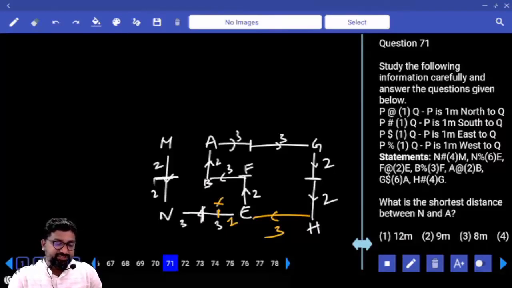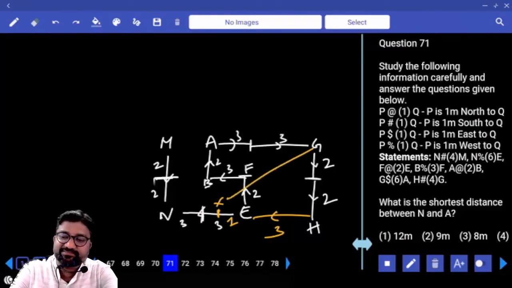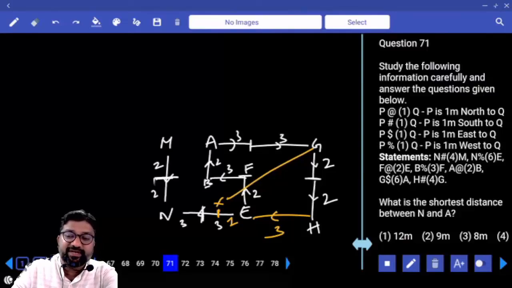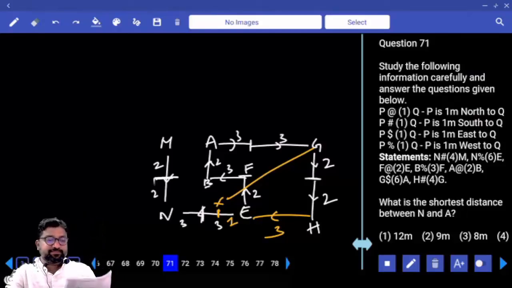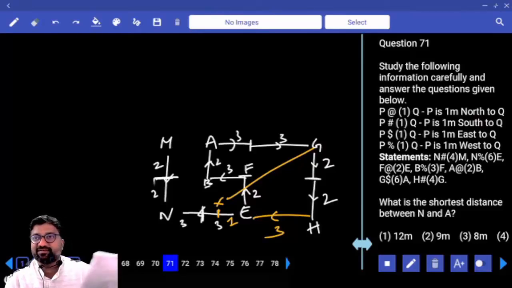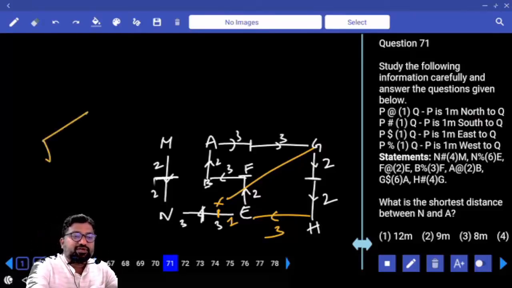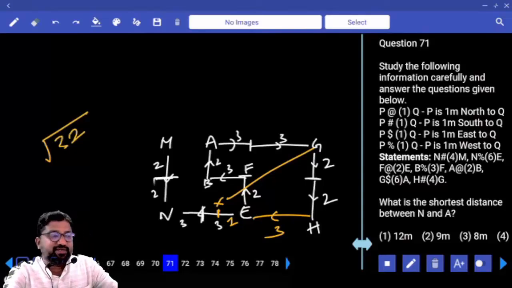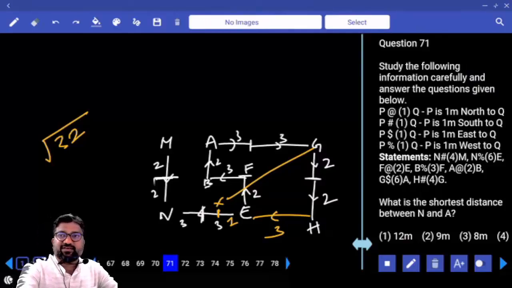If X is 4 meters to the west of H, then what is the shortest distance between G and X? G and X. Tell me. 4 square plus 4 square. Root of 32. 4 root 2, right? 4 root 2.